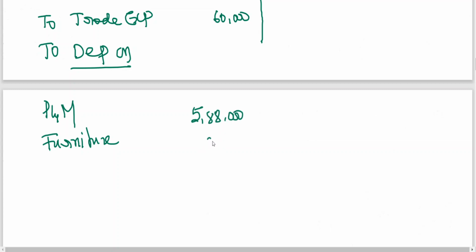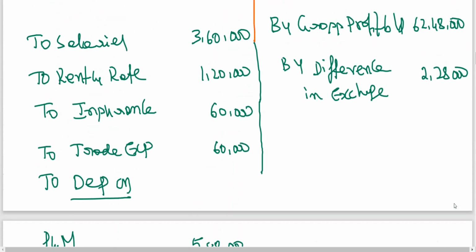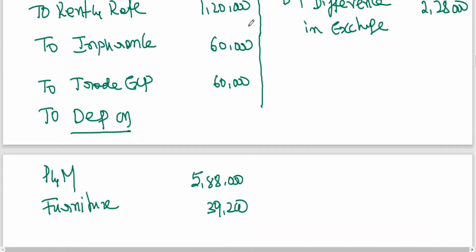So 62 lakh 48,000 plus 2 lakhs 28,000, 64 lakh 76,000.